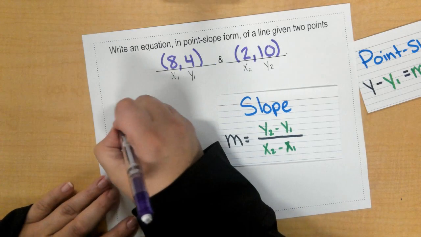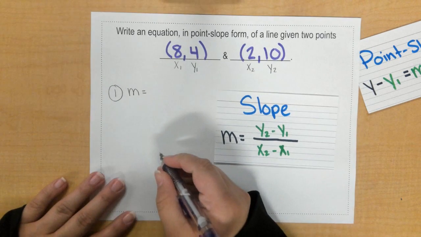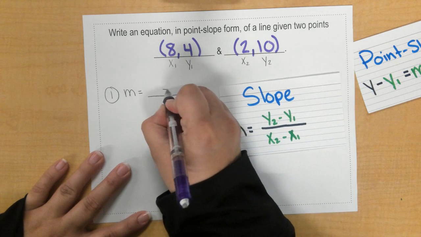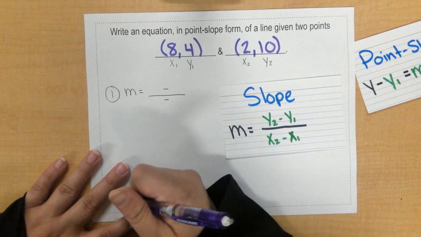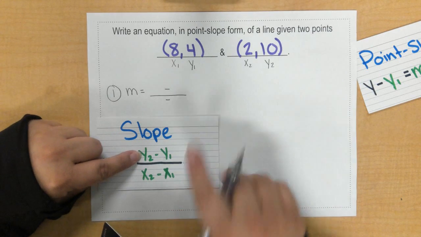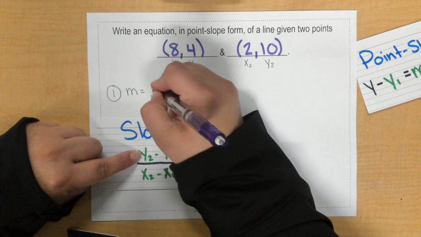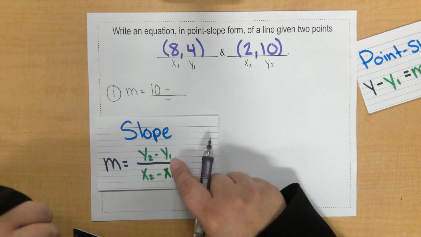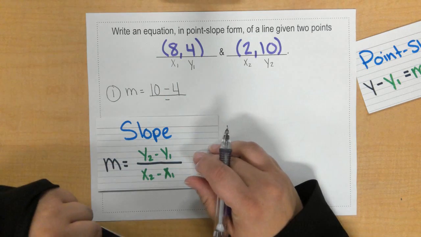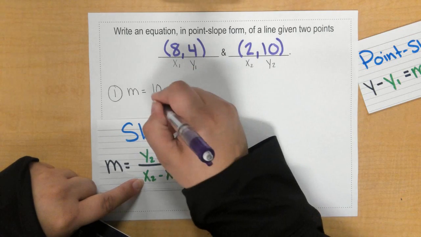So step 1, we have to find m. And so I'm going to go ahead and draw out my slope fraction and then start filling in all of my numbers. So y2, if I look up here, is 10. y1 is 4. Okay. x2 is 2.